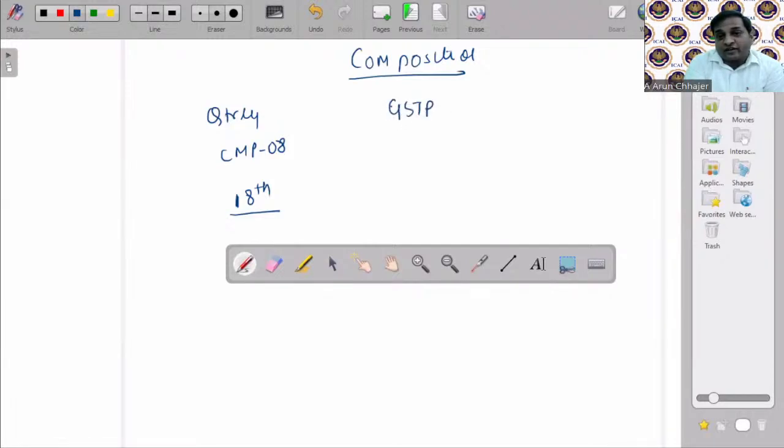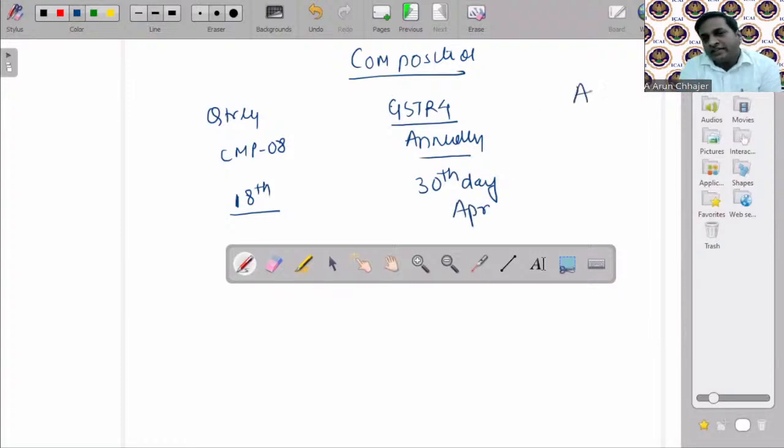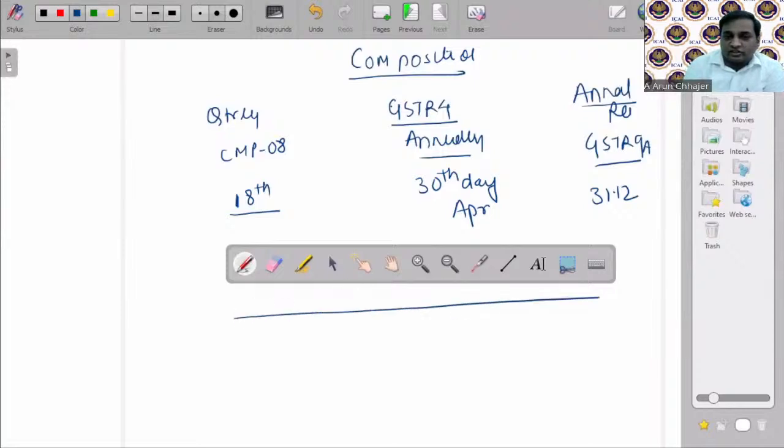GSTR 4, this frequency is annually, and 30th day of April after the end of the financial year. And now there is also the requirement of annual return, that is GSTR 9A. And GSTR 9A, what would be the due date? 31st December after the end of the financial year. We are talking about the person who is registered under section 10 of the CGST Act.